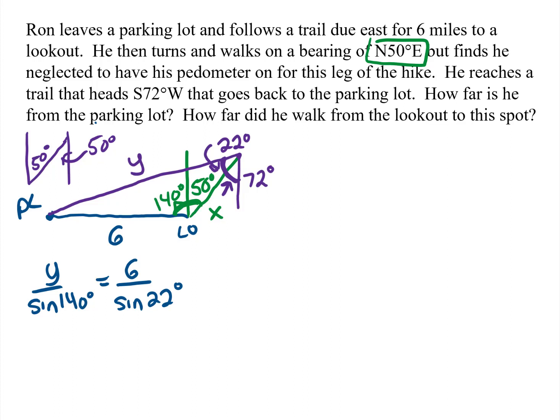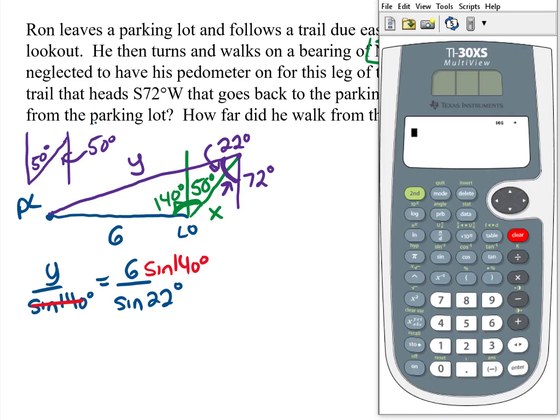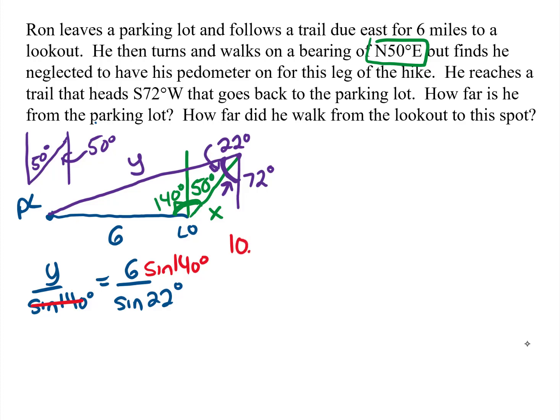So now I can multiply the sine of 140 over here, and then I can get the calculator, make sure I'm in degrees, and I can hit 6 times sine of 140, finish the angle, divided by sine 22, and that will tell me how far it is back to the parking lot, and we'll go to 1 decimal place. So it looks like that's 10.3, so 10.3 miles back to the parking lot.